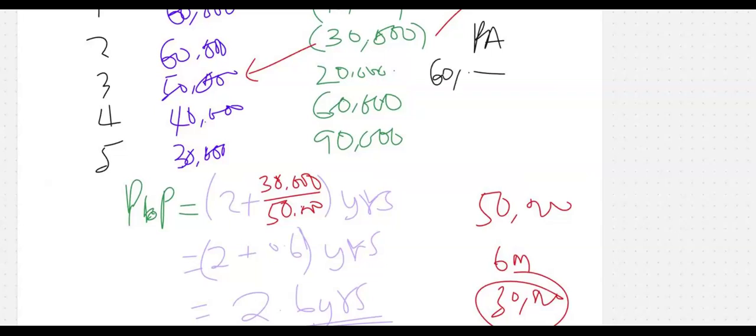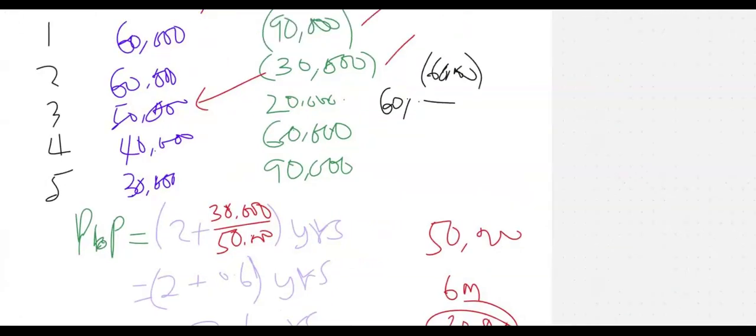And that 60,000 was paying a debt balance of 60,000 from project A. Are you getting it? So when we less the 60,000 debt obligation from the inflow of 60,000 for year 3, we got a 0 balance at the end of year 3.